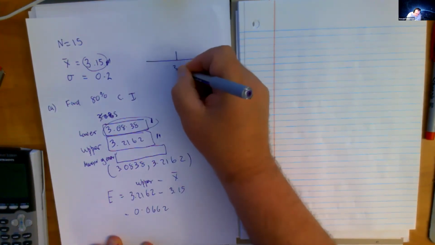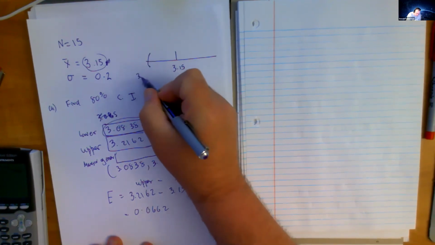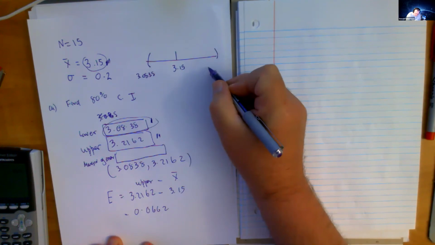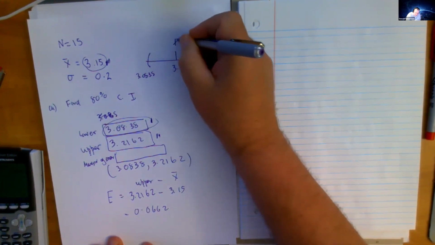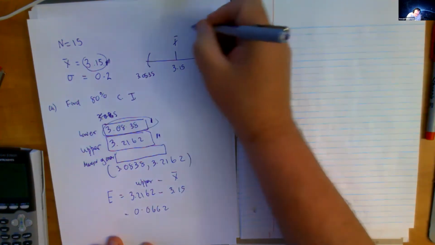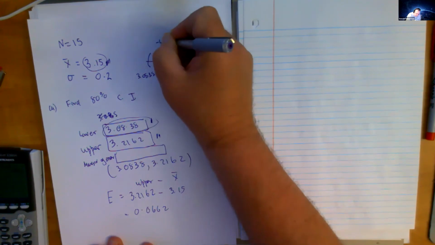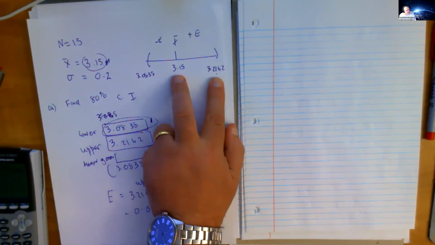Right, visually think about this. Right in the middle is going to be 3.15. On this side, you're going to get 3.0838. And on this side, you're going to get 3.2162. Isn't that the x bar value? Don't you add the margin of error to get here, and you take away the margin of error to get there? So if I subtract these two, won't that be the margin of error?